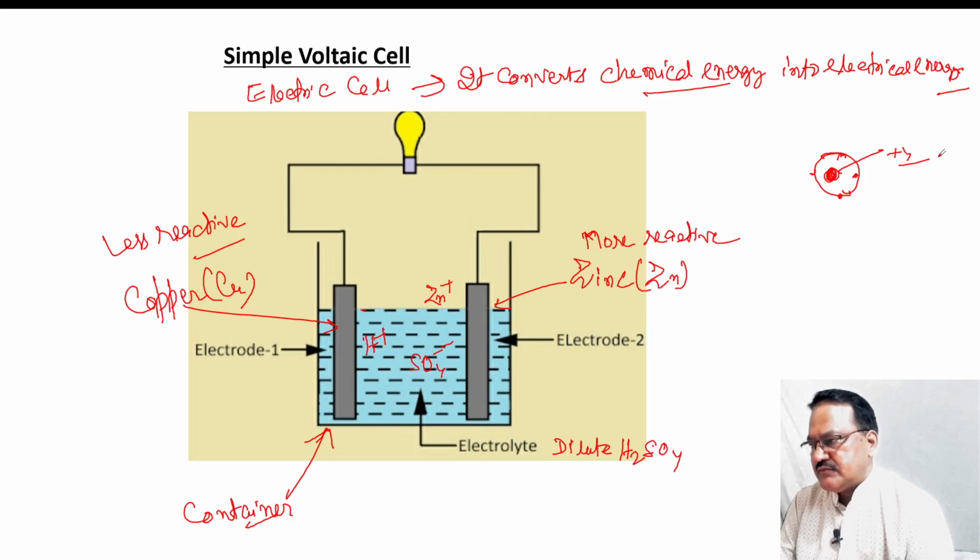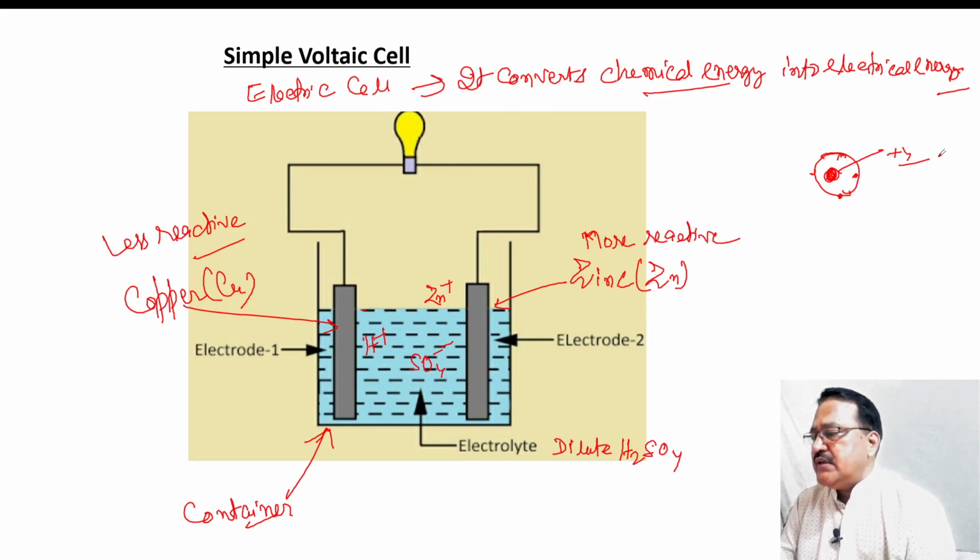So the number of electrons should be equal to the number of protons. But when we say ions, the number of electrons is not equal. If the number of protons is more, it is positively charged.